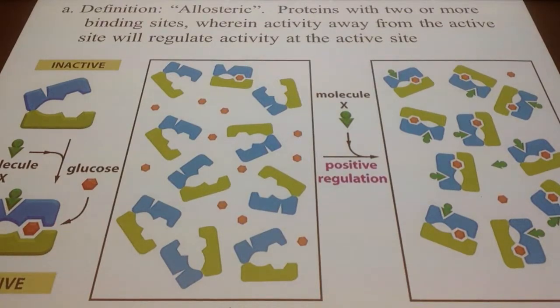So regulation of whether this enzyme is active or not depends on this regulatory protein right here that looks like an arrow, the green arrow. In the absence of this regulatory protein, you don't have activity. In the presence of this, you have a lot of activity.